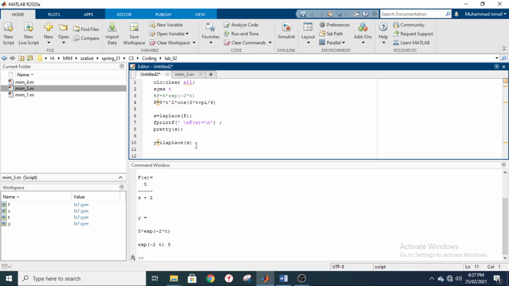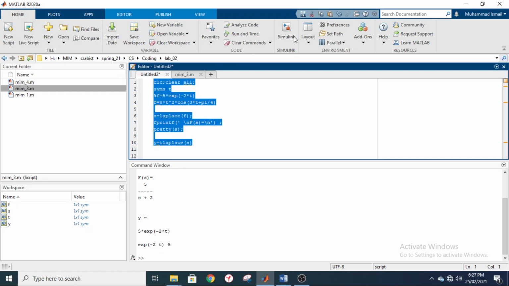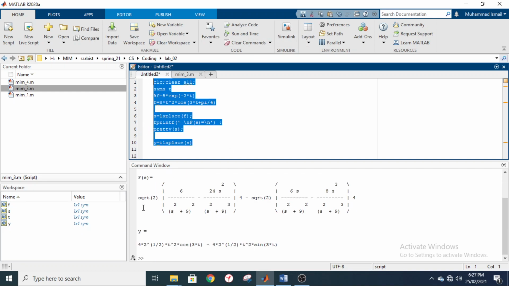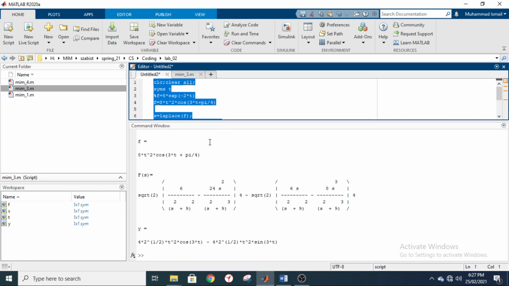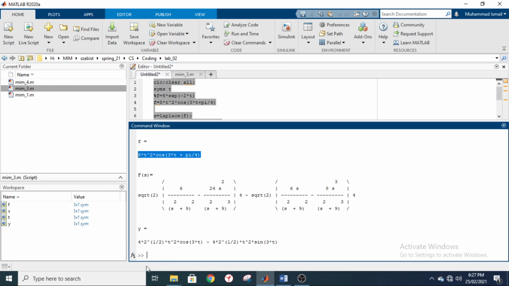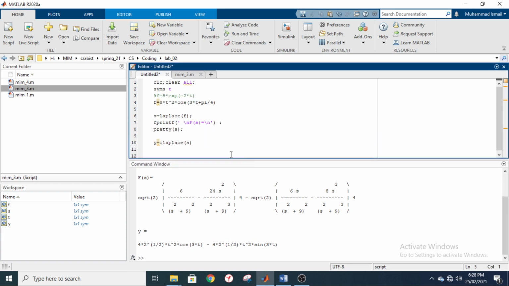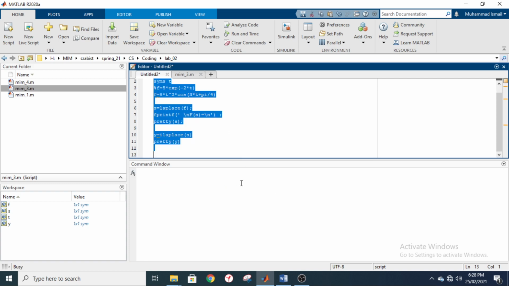Okay, so if I run it again, then I will get basically this expression. The first expression I have written down is basically equal to this expression. Okay, we can also use PT. So can we get a simplified answer? pty, fine.